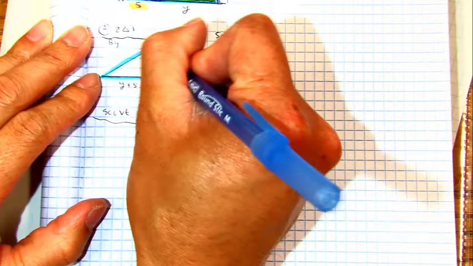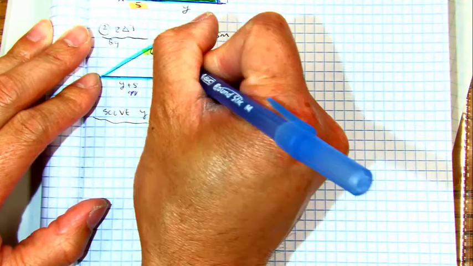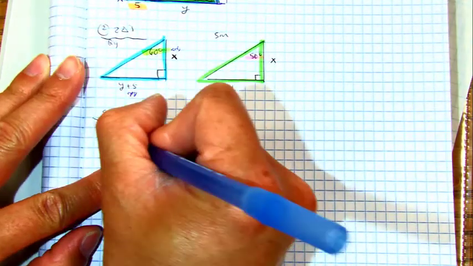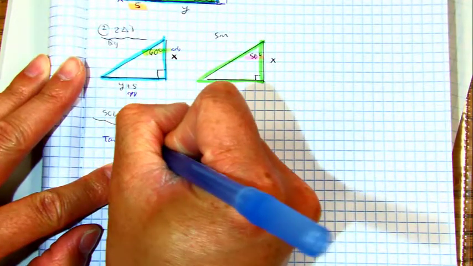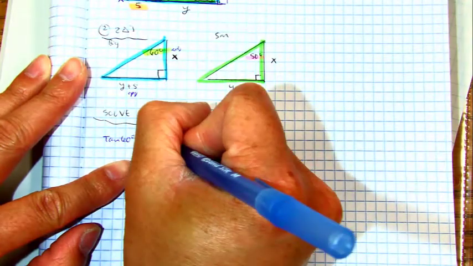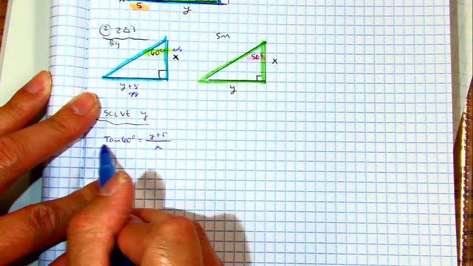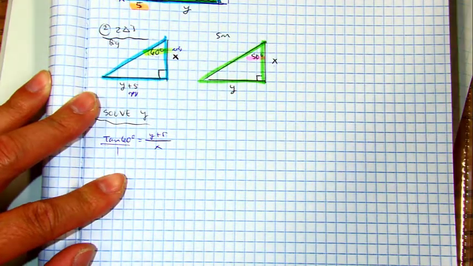Starting point is here. I have the opposite, and from here I have the adjacent. So for this big triangle, tangent of 60 equals y plus 5 over x. Now, if you wanted to solve for y, it's a little bit more work. Might help us in the future.